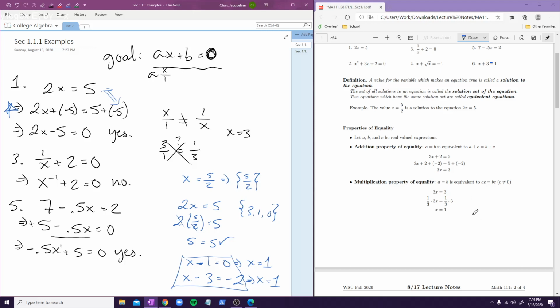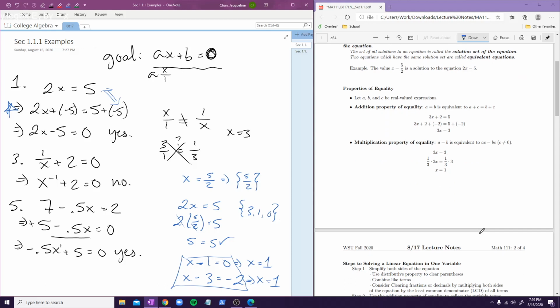And then the multiplication property of equality: A is equal to B is equivalent to A times C is equal to B times C, as long as C does not equal 0. Because if C is 0, then you'll just get 0 equals 0 and the equation is destroyed. It doesn't tell us anything. Continuing on with solving 3x is equal to 3, our goal is to have the coefficient of x be 1.